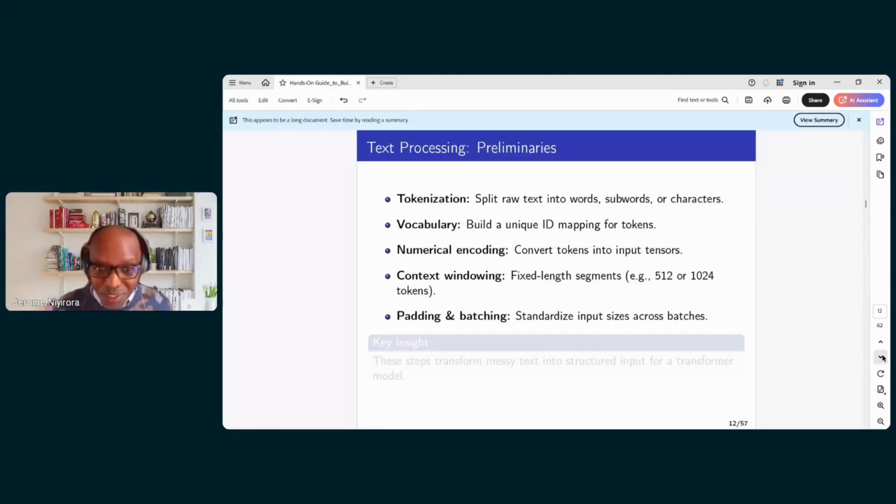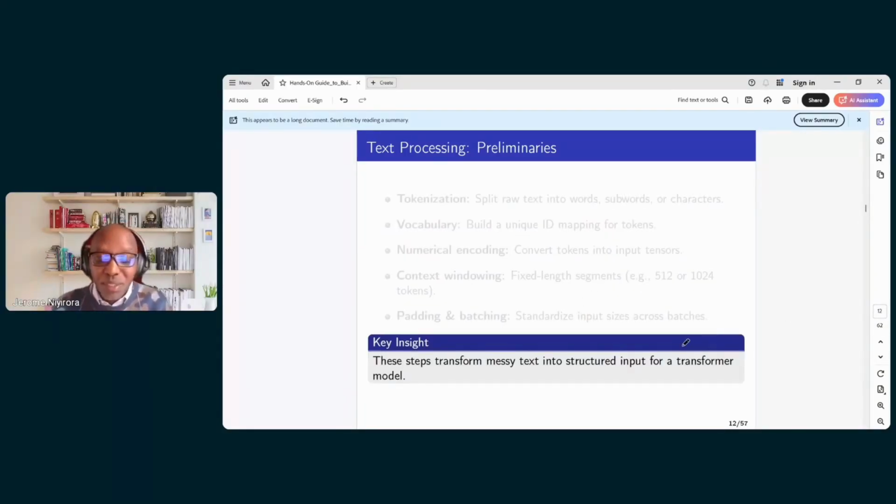There's something else we're going to talk about, which is padding and batching. These are a little bit technical elements when you start training the models. But in terms of pre-processing, this is really important to understand. It's very straightforward to do. You can even do it with a simple regular expression if you've used those in Python. I'm going to show how you can do that.